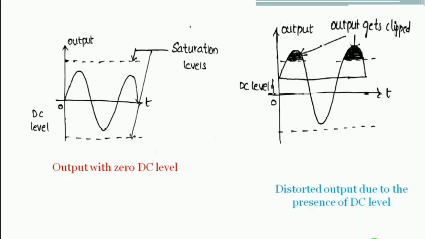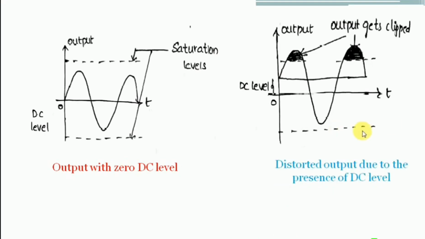If you observe this waveform, since the input stage and intermediate stage are directly connected, some DC level will be present, so the signal has both AC and some DC component, and because of the presence of DC, the output signal is shifted and crosses the saturation level.